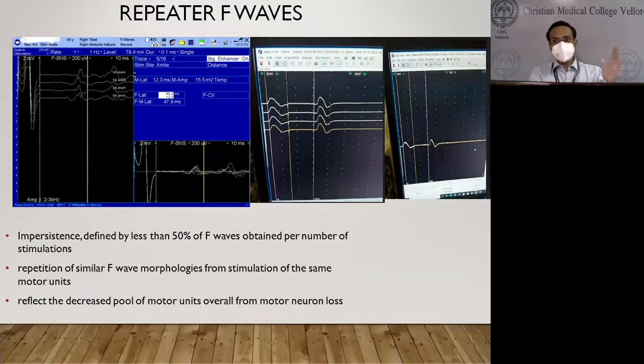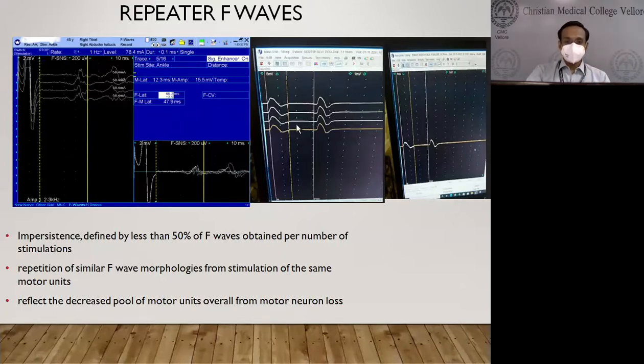The CMAP has all of the motor axons generating it; the F wave is only 1 to 5% of it. That is why, in a normal F wave recording, the morphology of the F wave changes with each stimulus. If you do 10 times, you have different kinds of F wave morphology, with different anterior horn cell motor units being stimulated. But as the motor units reduce in size, sometimes there's only one motor unit firing.